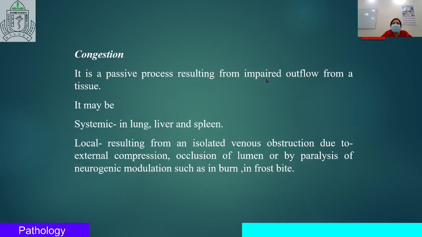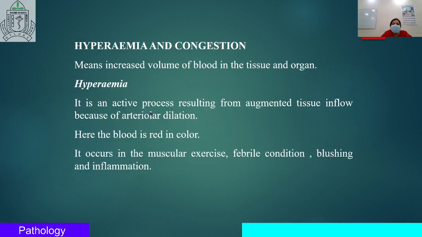In congestion, there is impaired outflow. In hyperemia, the process is arteriolar dilatation. In congestion, the process is venous obstruction, localized venous obstruction. But the net result is increased blood volume in the tissue and organ. Clear?